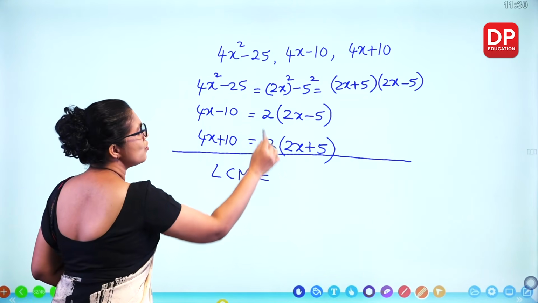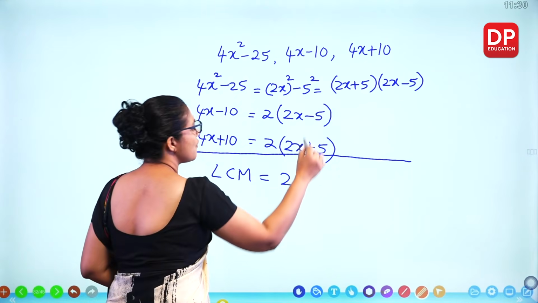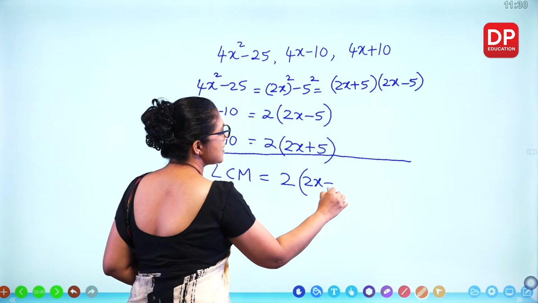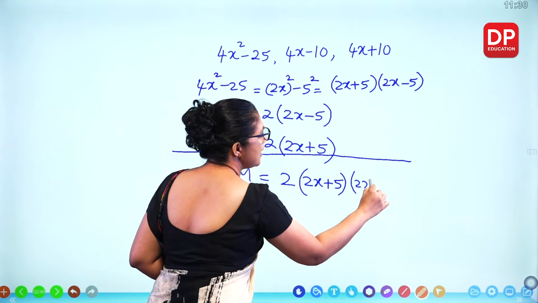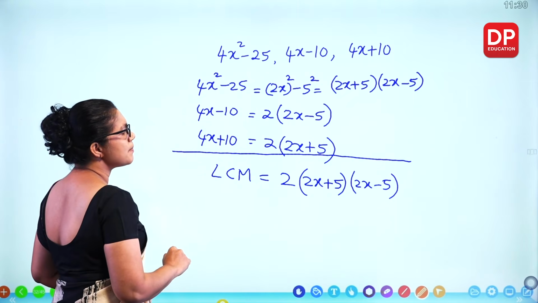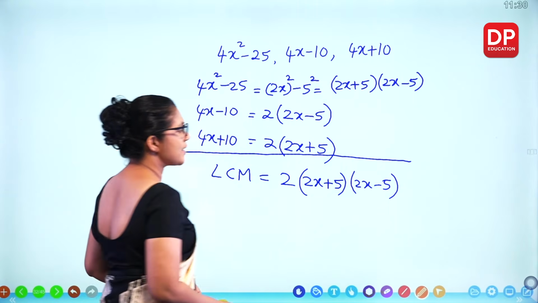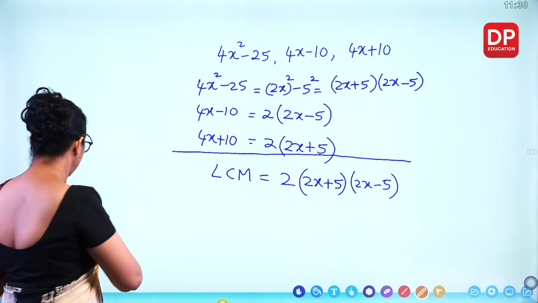When you take 2 only once, and 2x plus 5 only once, and 2x minus 5 only once. So what's the least common multiple? 2 times 2x plus 5 and 2x minus 5.